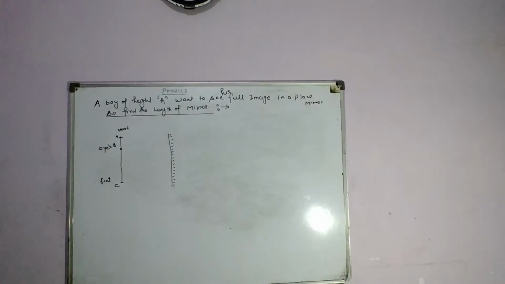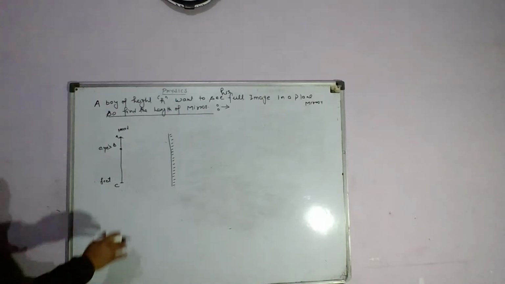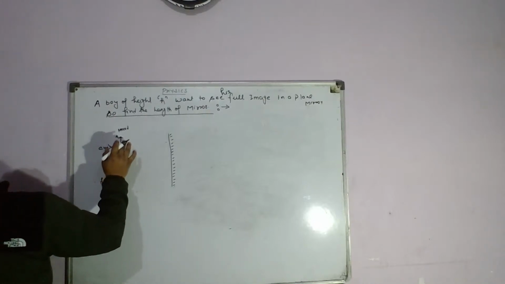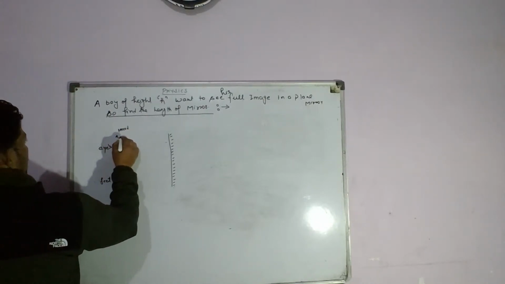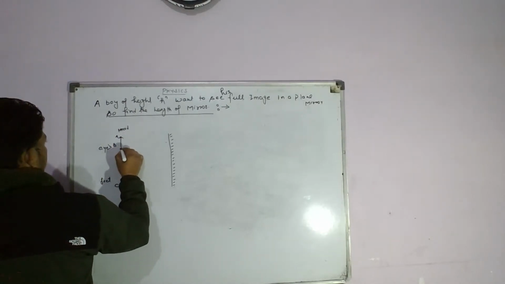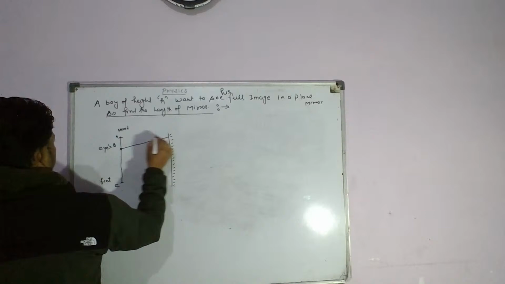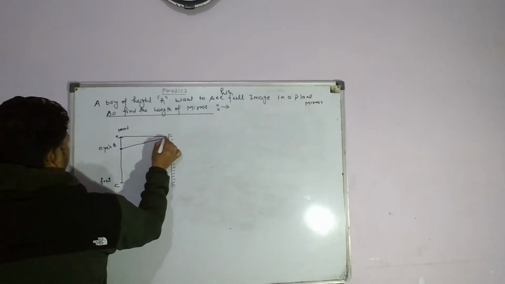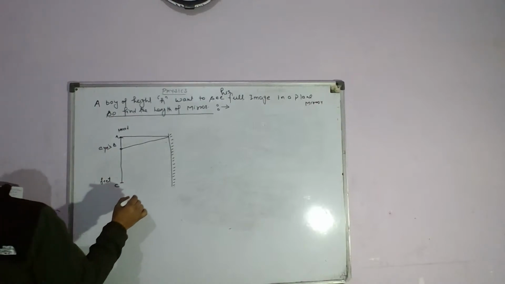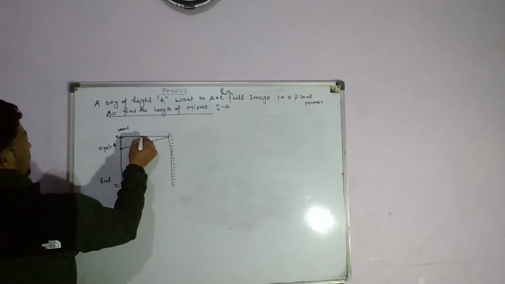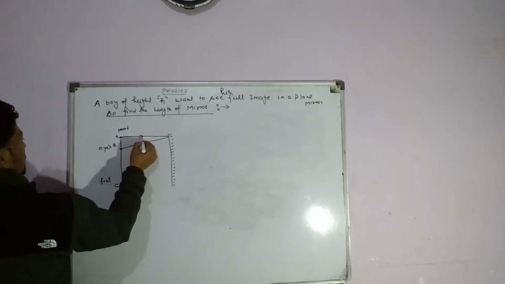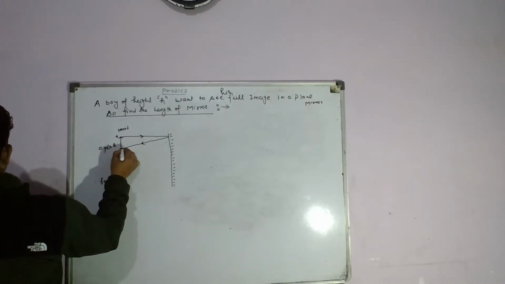First of all, from the head, an incident ray strikes the mirror and the image is formed. Suppose the incident ray goes like this, and similarly from the feet.